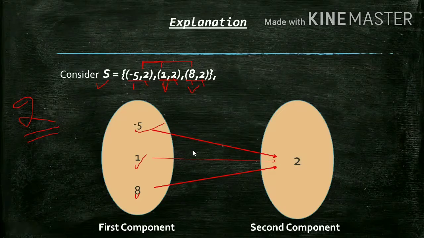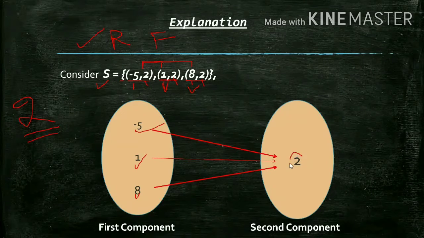Now, these are the first components and these are the second components, as I just told you. Now it is easy to look at whether it's a function or a relation only, or what it is. It is clearly a relation, no doubt, because it's a set containing ordered pairs. Now the question is whether it is a function or not.